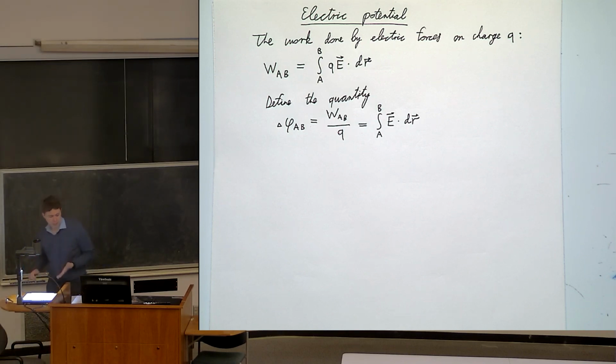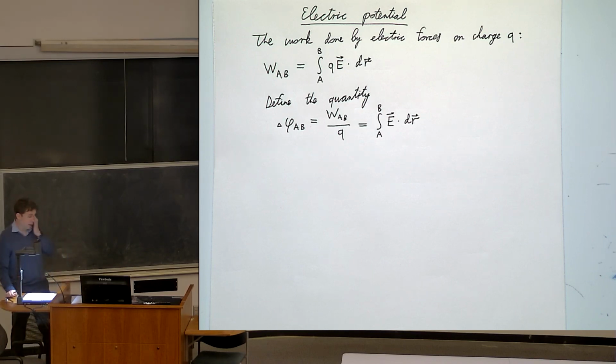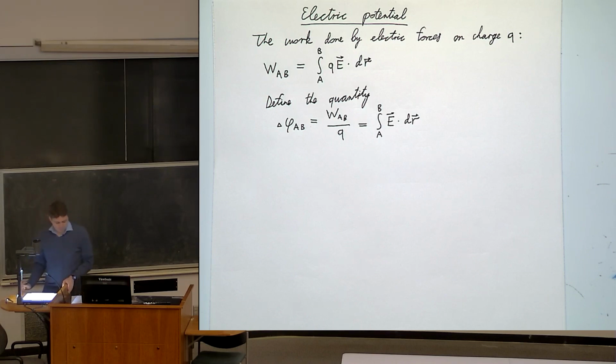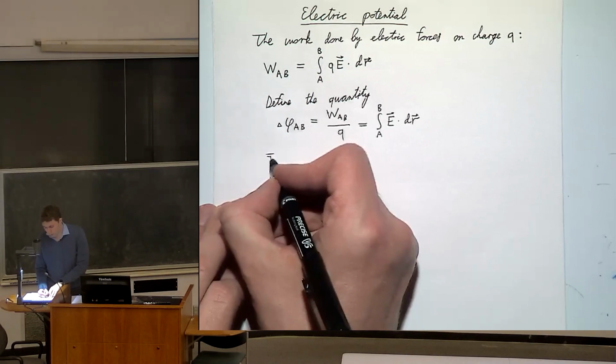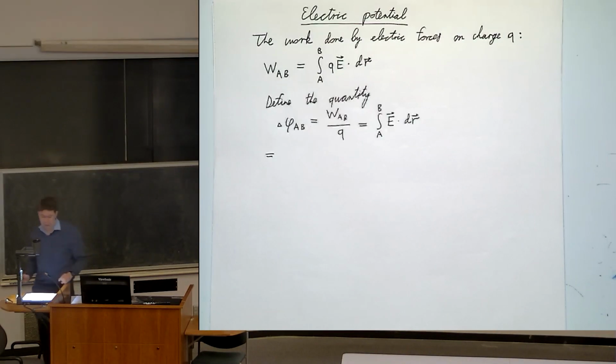And it has this remarkable property that it depends only on the locations A and B, but is independent of the path between A and B. So it's going to be a meaningful quantity because it describes how much work an electric field can do when charges move in it.